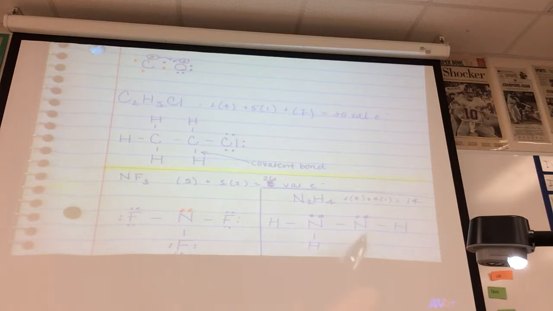Doesn't matter. Actually, when you draw it properly, it's a trigonal pyramidal, so the bond angle is 107. We'll get into that next time.